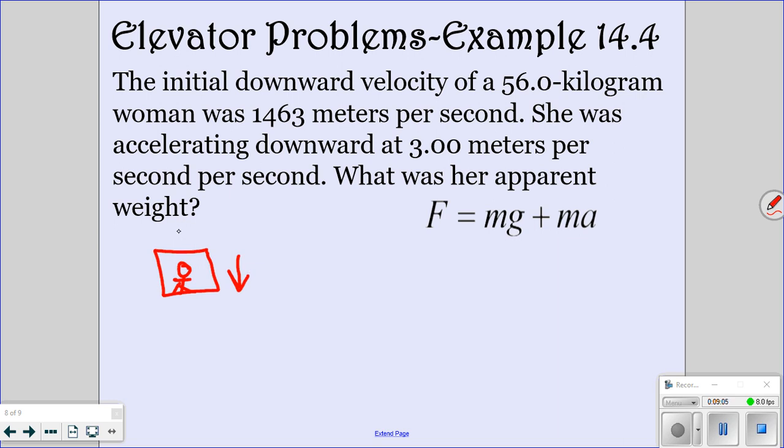And there's a tension on the rope that's pulling her up, but her weight is going down. So the tension minus the weight equals the mass times the acceleration. And this is going to be a negative number. And so when we go into our formula, we're going to put -3 because that's going to indicate that it was going down. And our mass was 56.